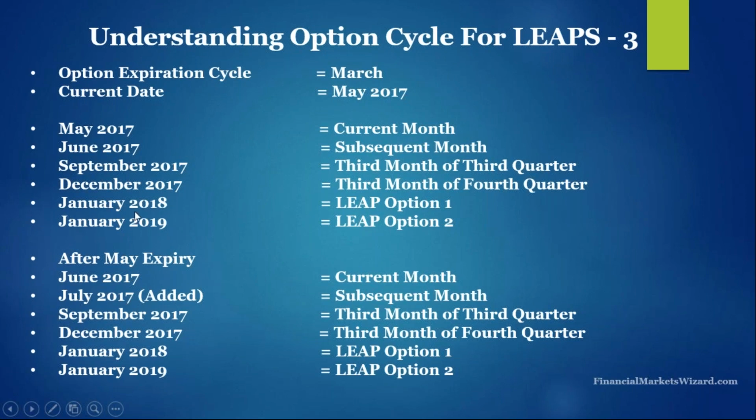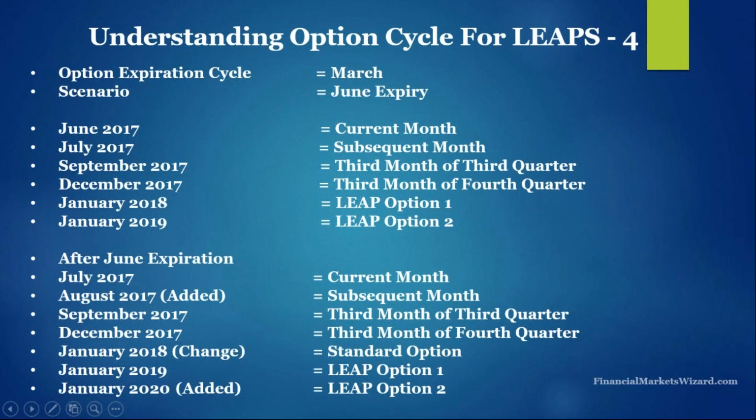Here there was no listing of July, but July will be added as a subsequent month, and nothing will happen, no changes to all the other months, September, December, January in 2019. Just in the middle, July will be inserted and no other changes. So all you will see is one more month added in the middle, which is July. No adjustments needed in the below months.